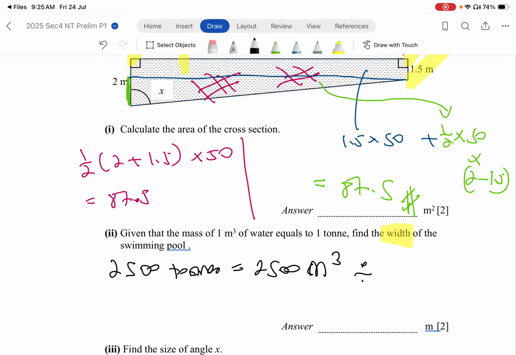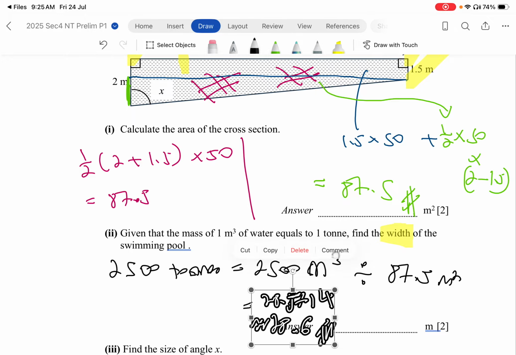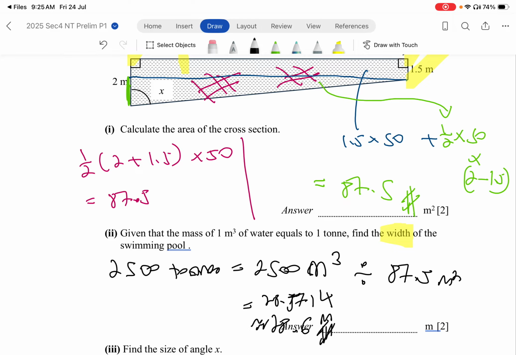Then you divide this by the cross section area, 87.5 meters squared. You get 28.57, about 28.6 meter, because it's the width.